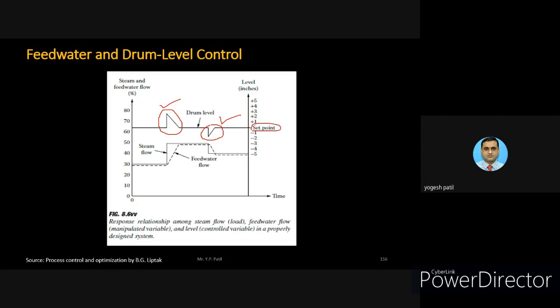And on the other side, when the drum level suddenly rises, there may be a swell effect in the boiler. It can be seen that the solid line in the second graph is the steam flow rate, and the dotted line shows the feed water flow rate. So based on this graph, we need to apply the control to the boiler.